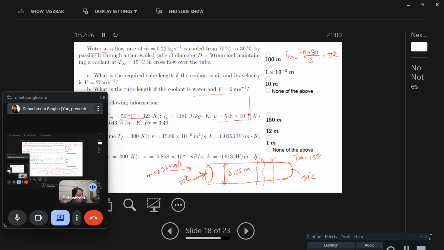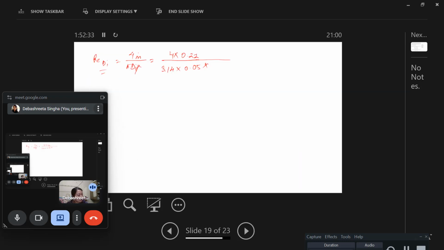These properties are given at 50 degrees Celsius, so we take this mu as 548 into 10 to the power minus 6. So we can calculate this, and it comes out to be around 10223.